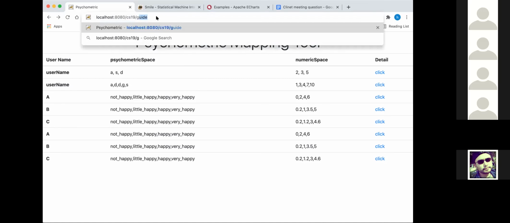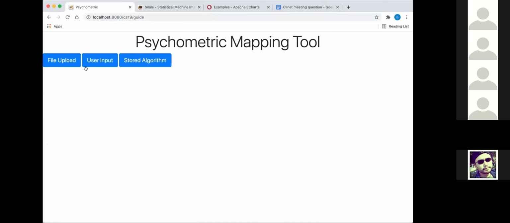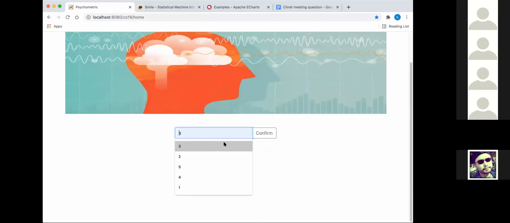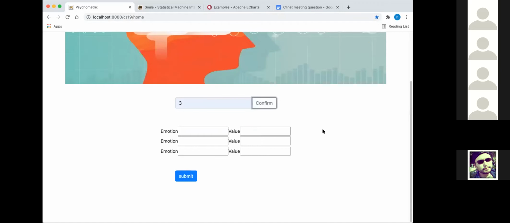And so we don't need the user input. It's unnecessary. Well, if you're going to do this user input, you can use it to collect the data for certain emotions, not happy to happy. If you want to collect this mapping for, say, 100 people, you can ask all those 100 people to come to this page to enter their data.